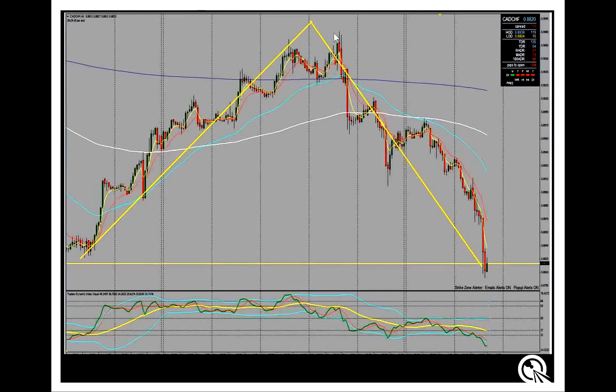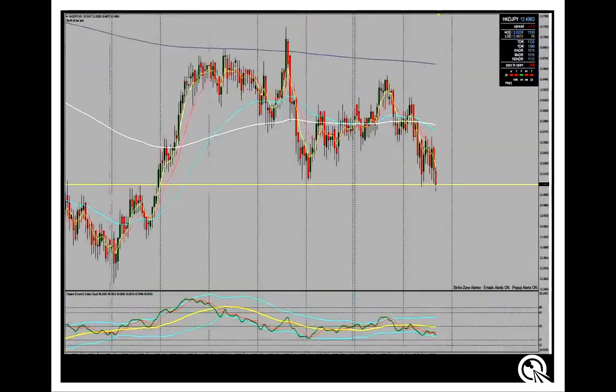We had a retest of the high here on day number 6, followed by 1, 2, 3, 4 days of drop. Again, this is the weekly structure. These are ideal setups that the market makers use for us or against us. Once we can recognize these, we're going to be able to profit from them.